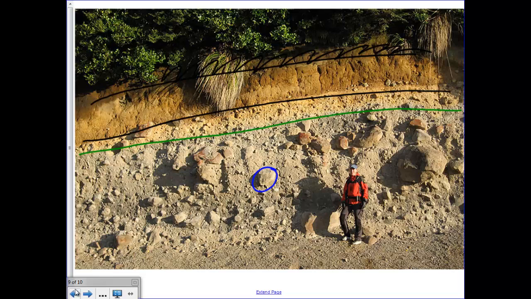And in this case, notice that there is quite a variety of particle sizes, really big boulders all the way to very fine particles, really a very distinct mixture. Also notice, based on the relative size of this individual here, this glacial material can be several feet thick.